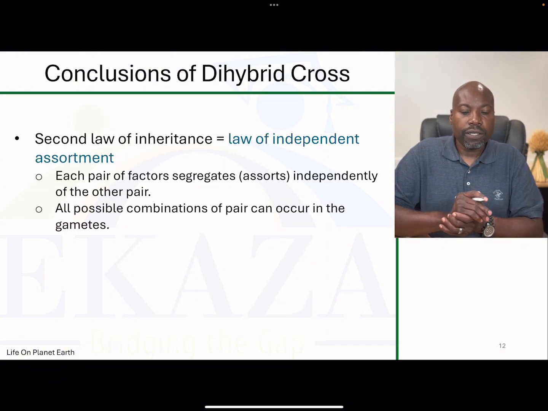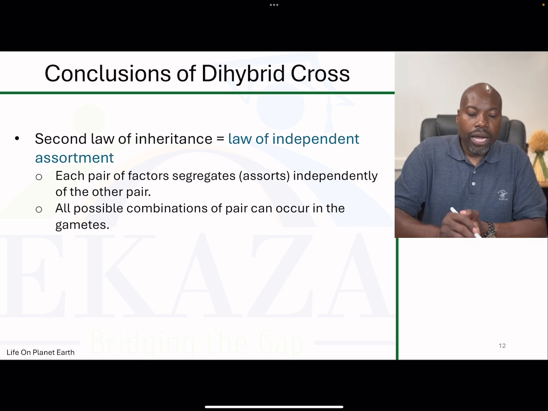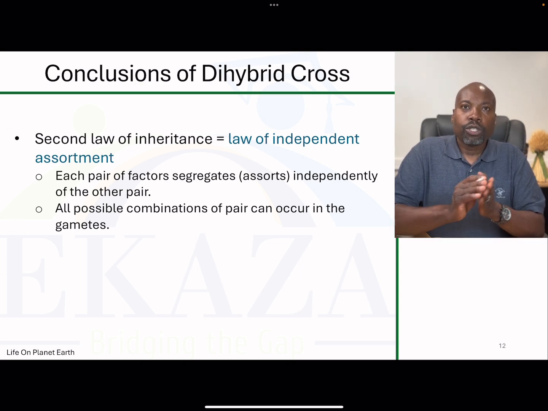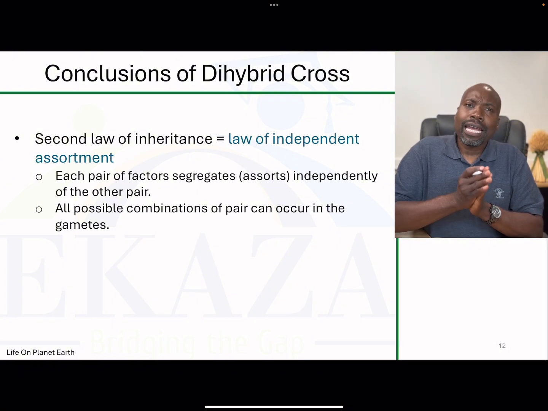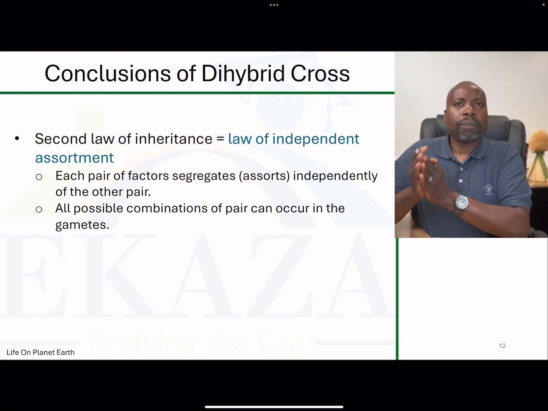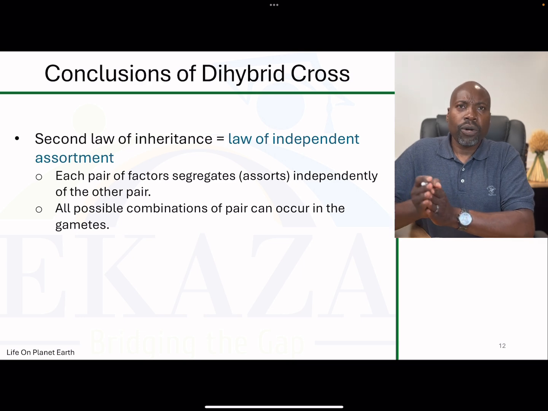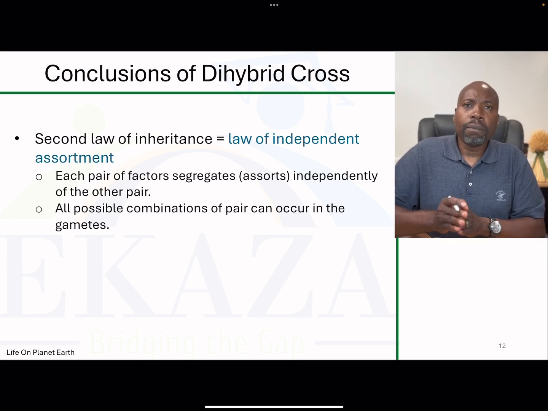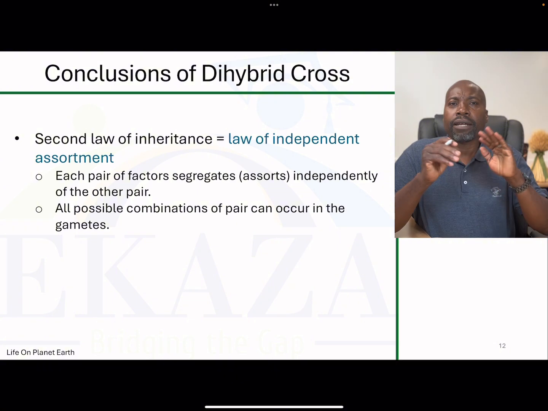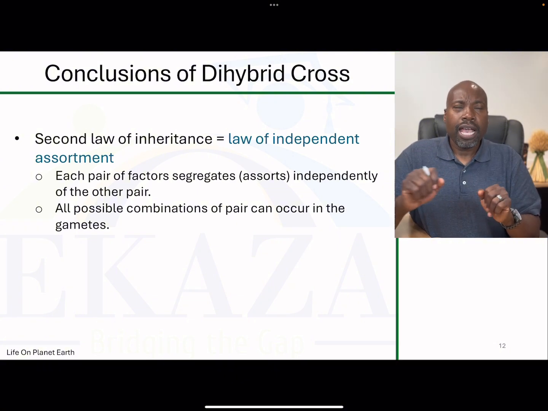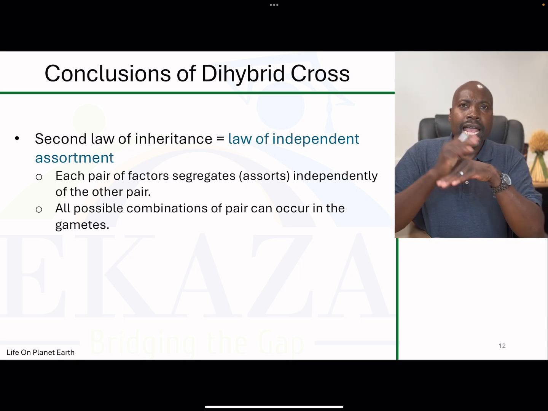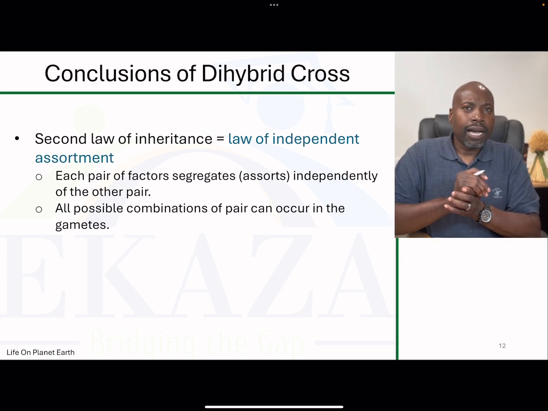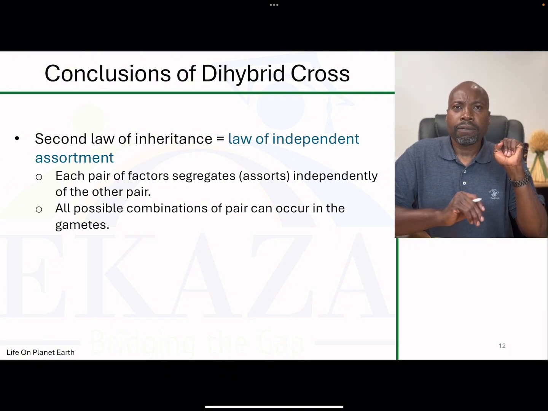The conclusions, he said that, well, when considering 2 features, actually the 2 features can be carried by 2 separate chromosomes. In other words, if you consider among homologous chromosomes pair number 1 and pair number 2, and you are looking at 2 features, the height of the stem and the color of the pods, right? The height of the stem can be carried by homologous chromosome number 1, right?